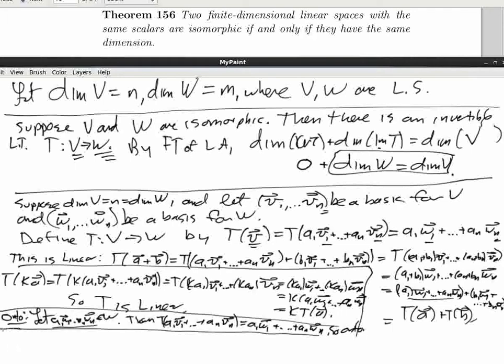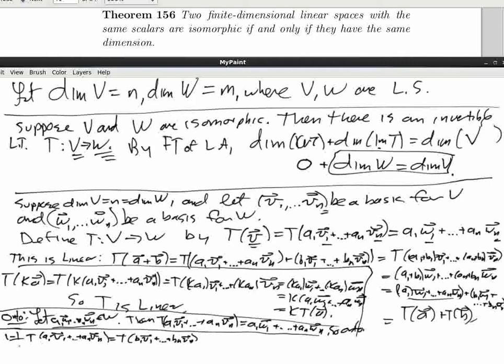Why do I know it's one-to-one? Well, this comes down to the fact that bases are linearly independent. Let's suppose that T of (A1 V1 plus dot dot dot plus AN VN) equals T of (B1 V1 plus dot dot dot plus BN VN).